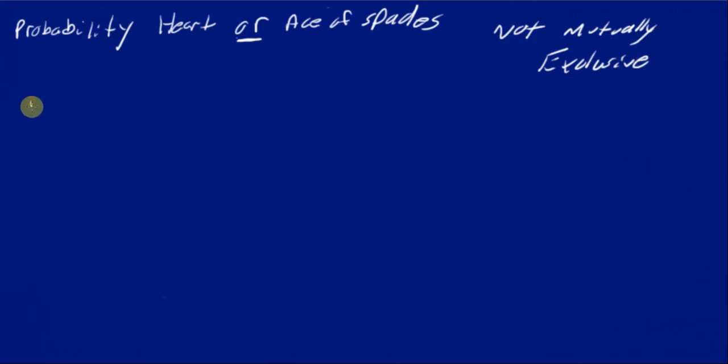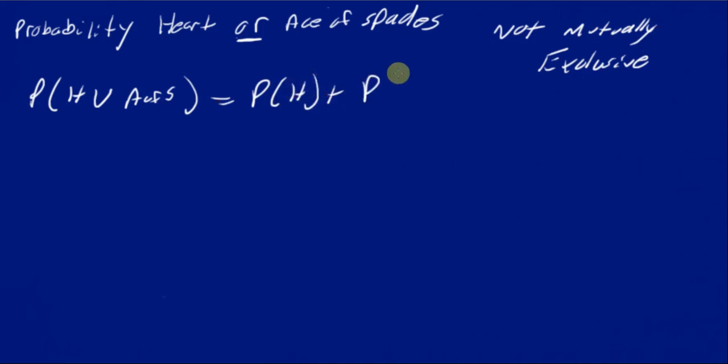So the addition rule is going to be the probability of a heart or the probability of the ace of spades is going to equal the probability of a heart plus the probability of the ace of spades. Now, it wouldn't make sense for me to minus off the probability of a heart and an ace of spades at the same time because that would be 0.